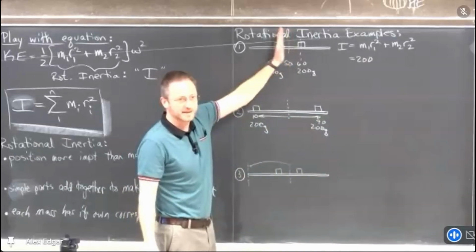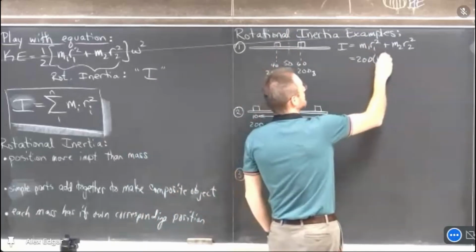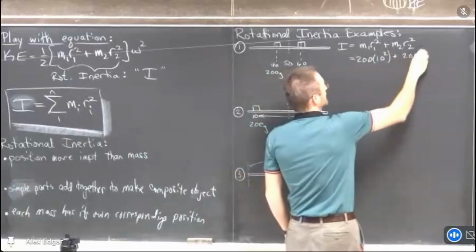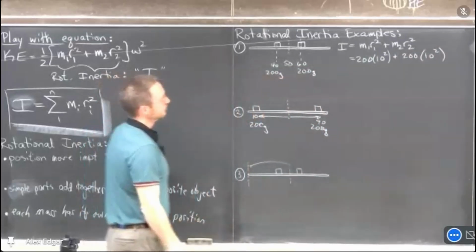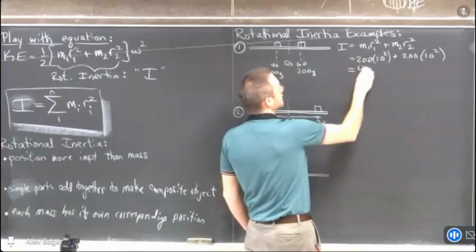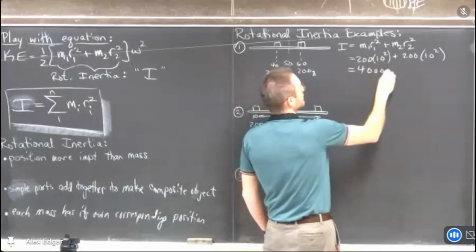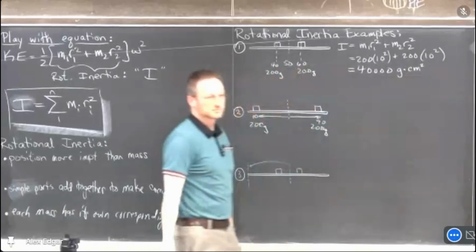So this should be 10 centimeters. So this r is going to be 10 squared, and this is again 10 squared. And we're going to get, well, 200 plus 200 is 400 times another 100, and this is going to be gram centimeter squared.